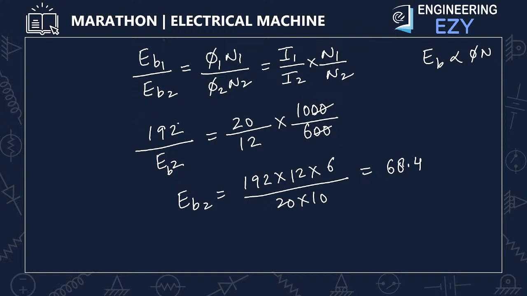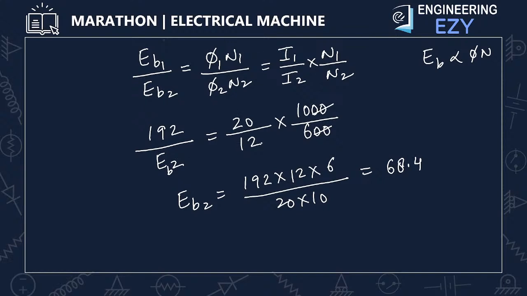EB1 is 192 volt. So we can calculate the EB2. So EB2 is 192 into 12 into 6 divided by 200. According to me, calculation comes out 68.4. But Abhishek is saying, sir, it is coming out 69.1. So Abhishek, I am checking the calculation once again because EB1 is 192, we have already calculated, and EB2 we have to calculate.